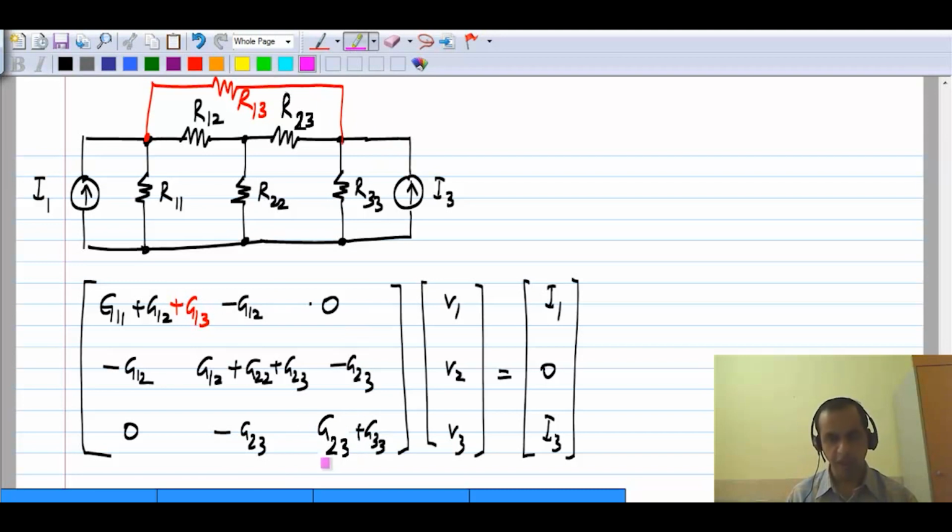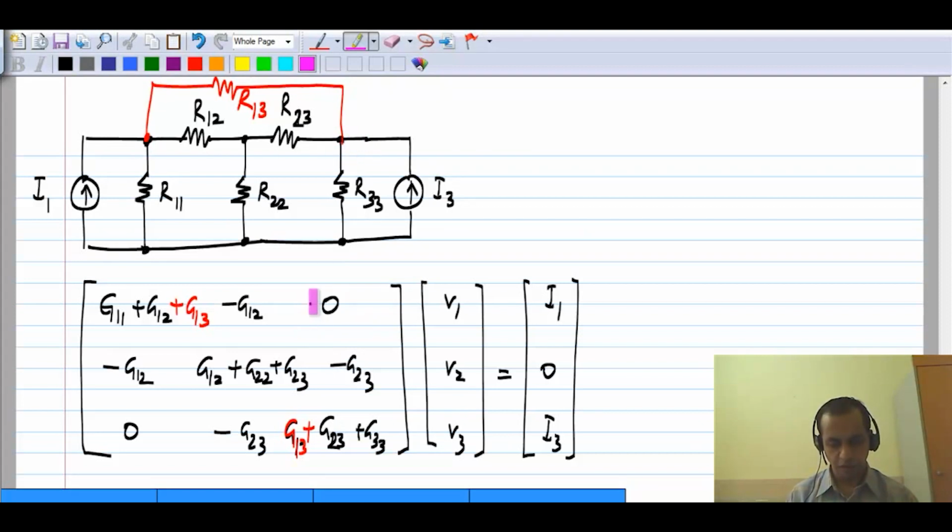And this is for node 3. Earlier we had G23 plus G33. Now we will have G13 as well, so G13 plus G23 plus G33. Also, another thing that changes is the off diagonal element, because this conductance is connected between two nodes, neither of which is a reference node.